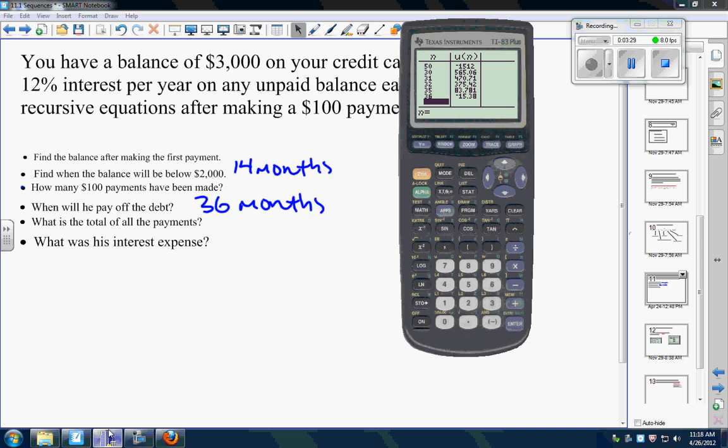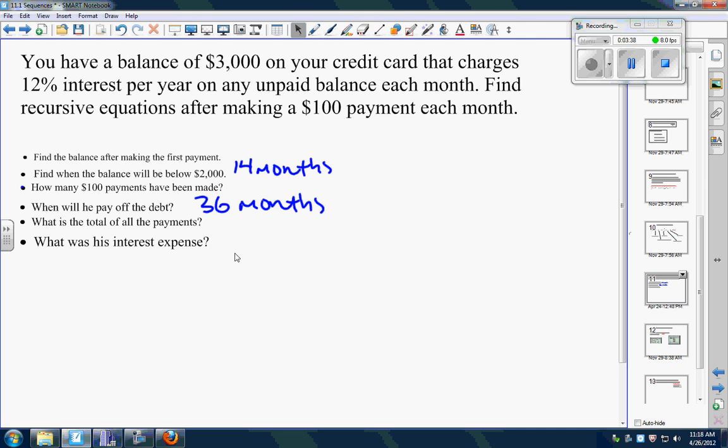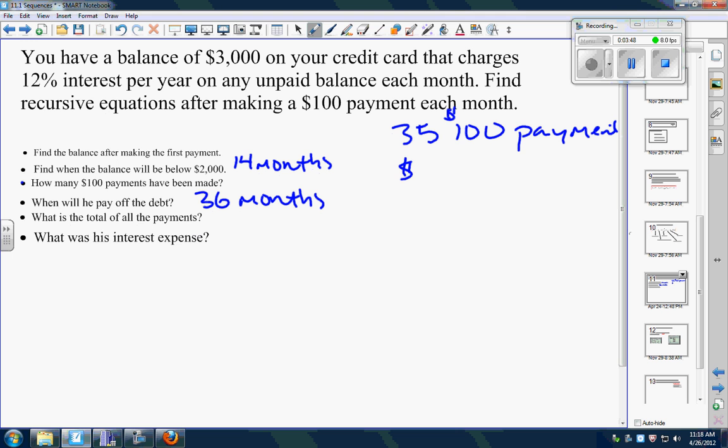So what is the total of all the payments? Now here's a little trick here. We made 35 $100 payments. Okay, so that's $3,500 there.